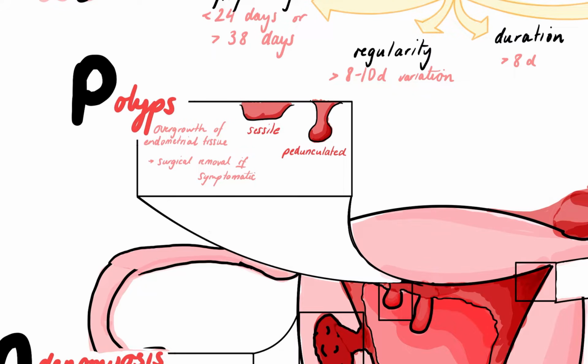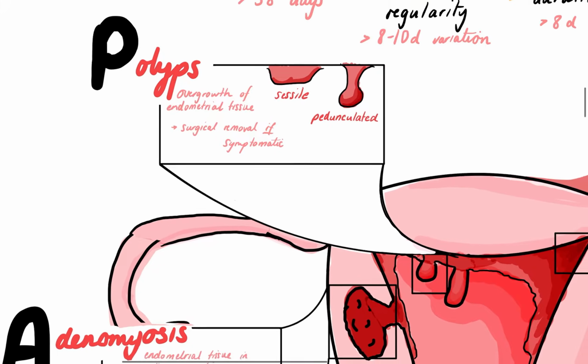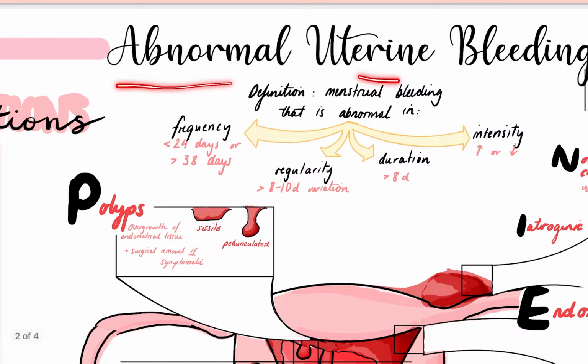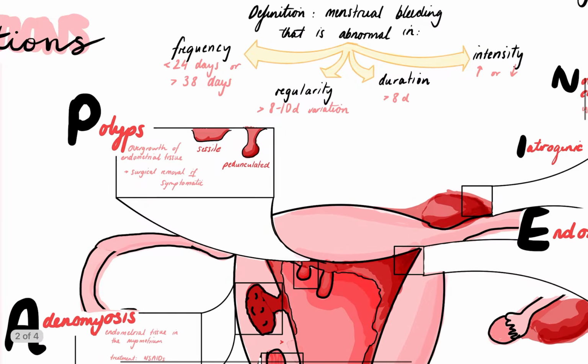Sessile polyps have thick, broad bases, and pedunculated polyps have narrow, long bases. Usually these are asymptomatic, but if they prove to be a cause of AUB, then they can be removed surgically, through methods that I'll go through in a bit.